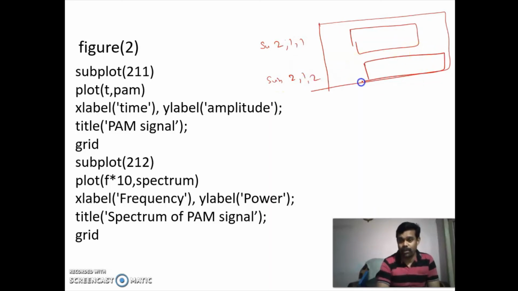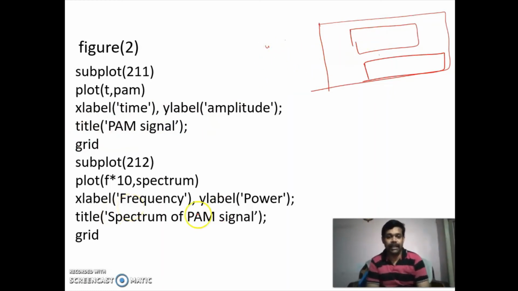So plot t comma PAM, that is t comma the pulse amplitude modulated signal. The x label is time, the y label is amplitude, and the title is pulse amplitude modulated signal. Then grid.